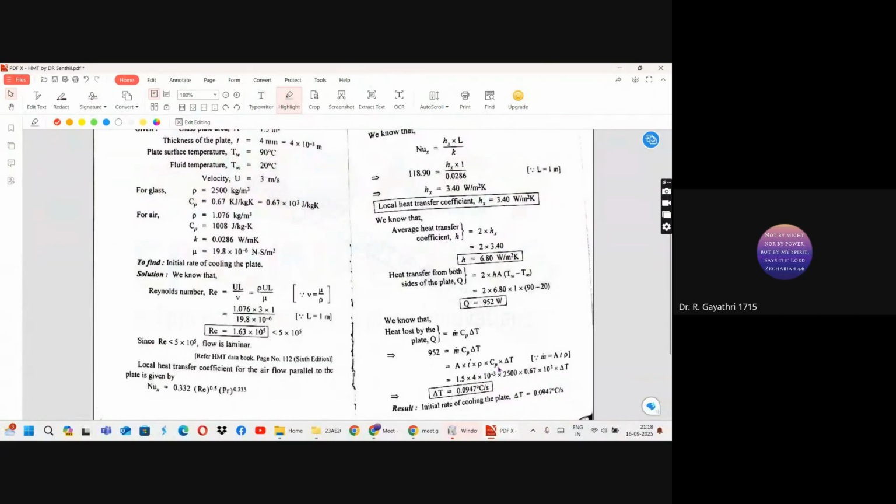We can see Cp and del T, so you can use the other values except del T by equating Q and m dot Cp del T. We can find the initial rate of cooling the plate.